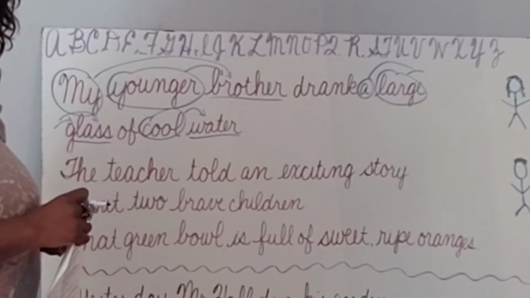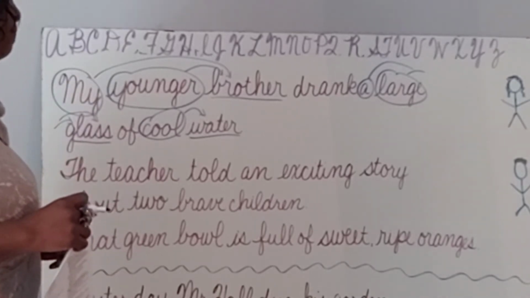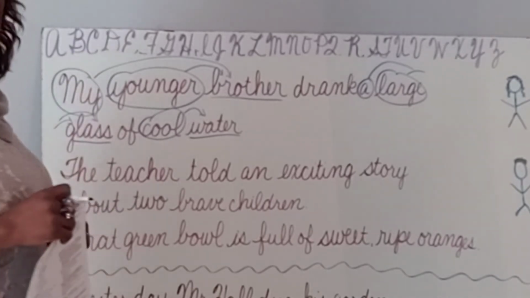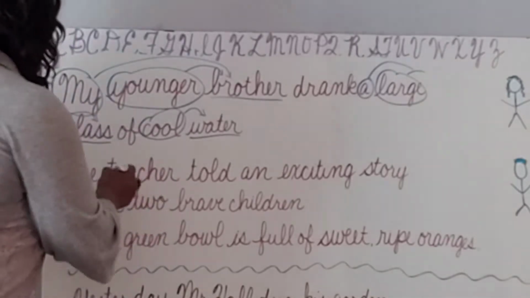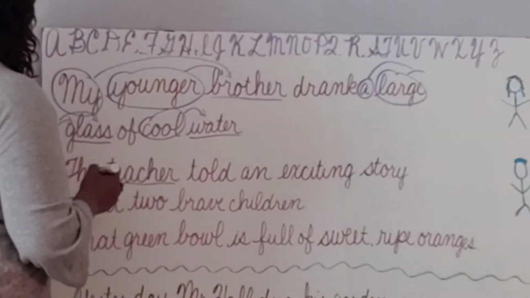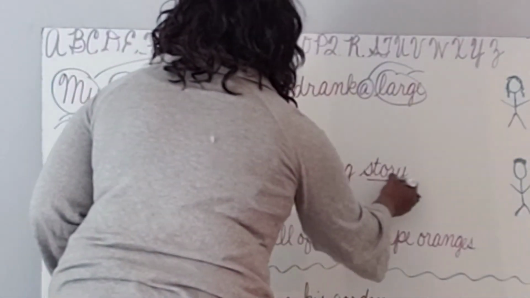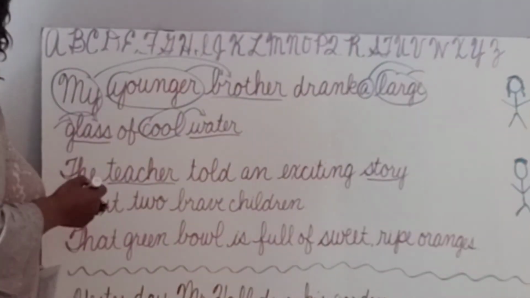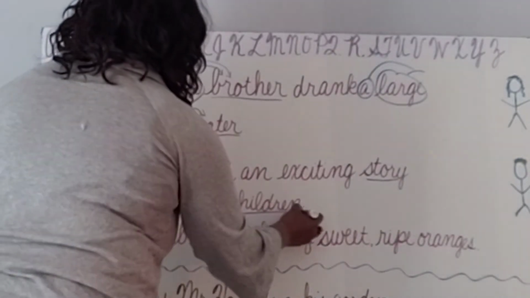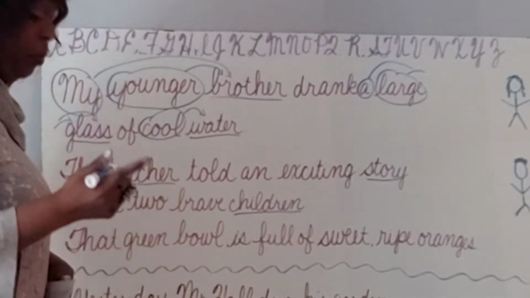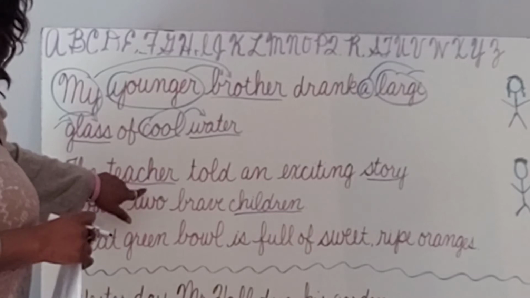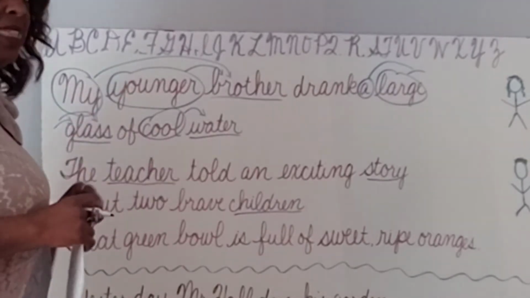The teacher told an exciting story about two brave children. So what are our nouns? Obviously, teacher. Yes, good. Story, good. A story is a thing. And children, they are people, right? Persons, places, or things. So children are people, teacher is a person, and story is a thing.